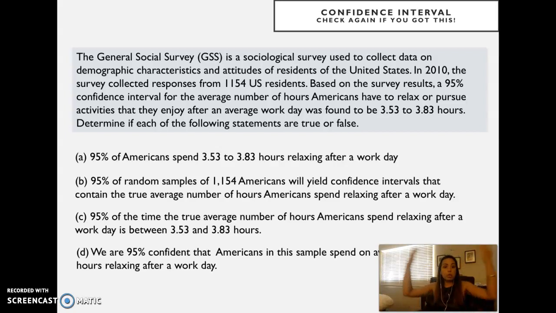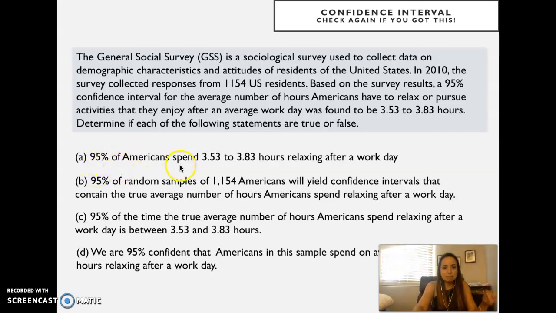So here's what we wanted to know: how long Americans typically relax during the day. The survey did not ask every single resident. They just asked a sample, but they wanted to make an inference about the resting patterns of all Americans. So this is an inference they're making about the population by computing the confidence interval with a 95% confidence level. Let's see which of these statements is true or false.